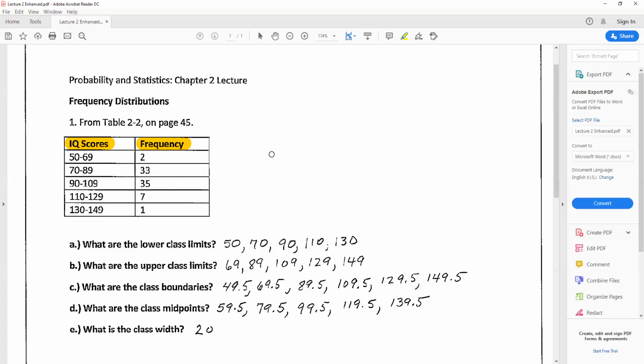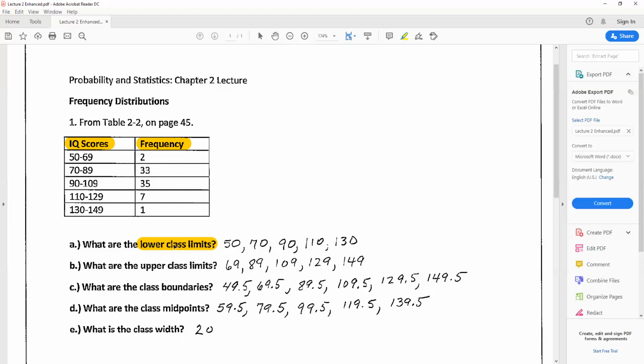So let's look at number 1, part A. What are the lower class limits? Well, this exercise is just to familiarize yourself with how to interpret a chart. When we're talking about lower class limits, the classes are each individual row. For example, the first class would be 50 to 69, the second class would be 70 to 89, and so on.